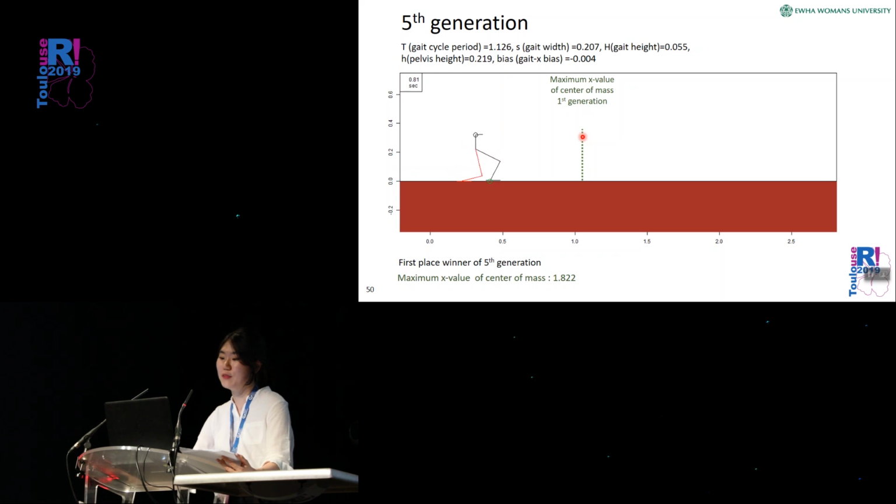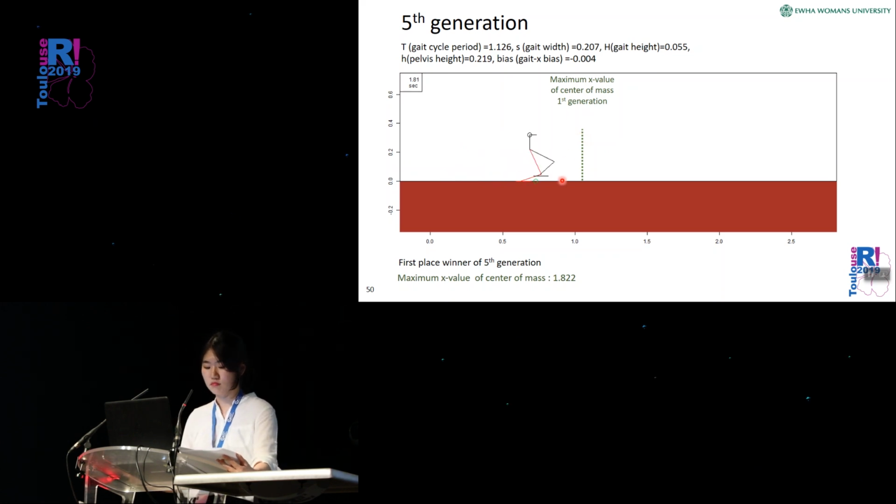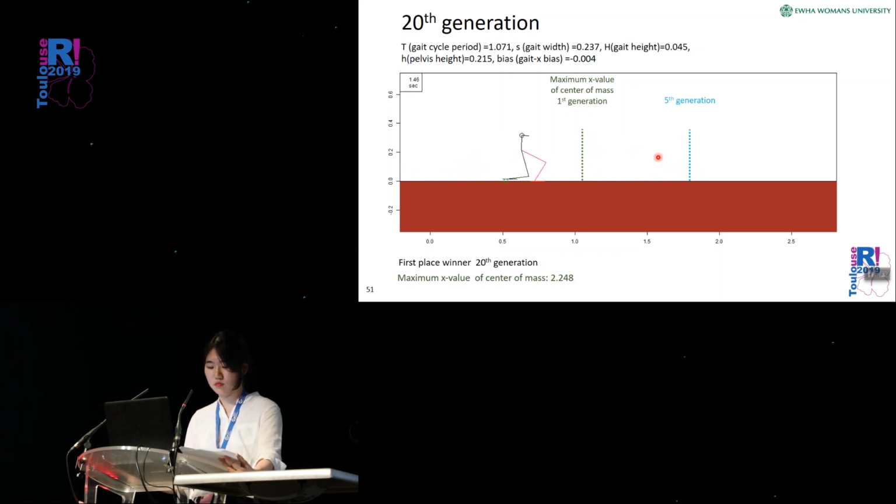Next is the fifth generation. It works well, and it easily exceeds the point where the first generation went. Maximum X value of the center of mass is 1.822. And this is the 20th generation.